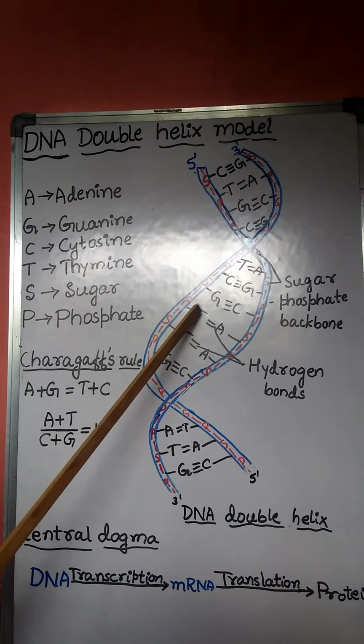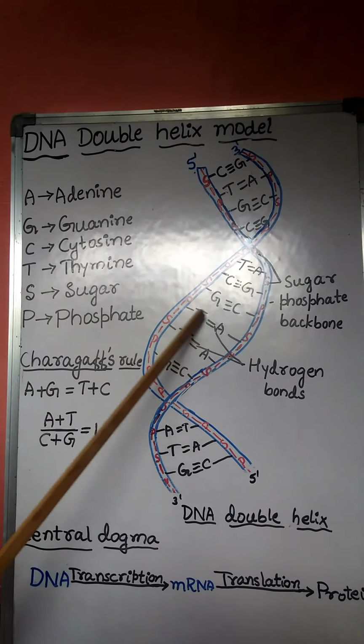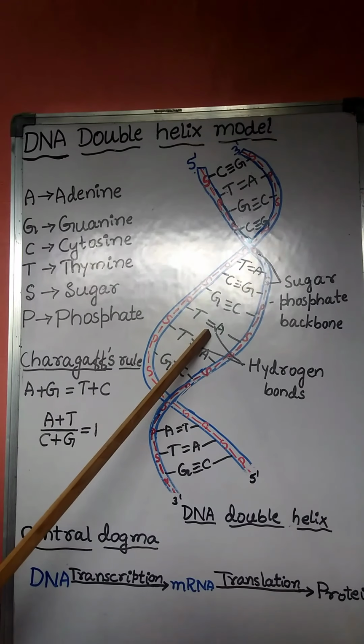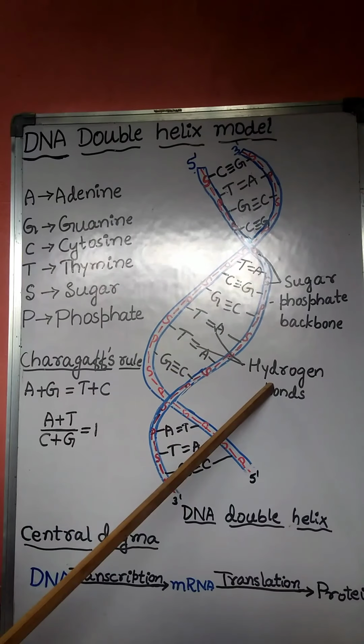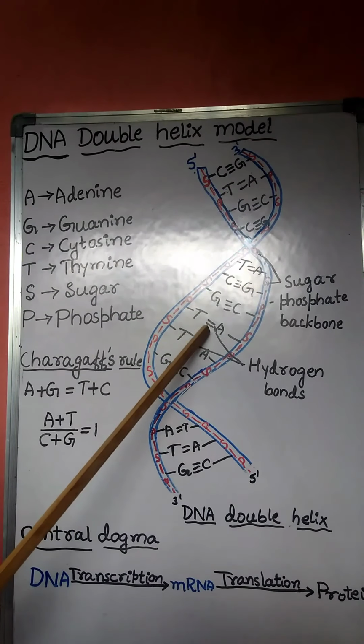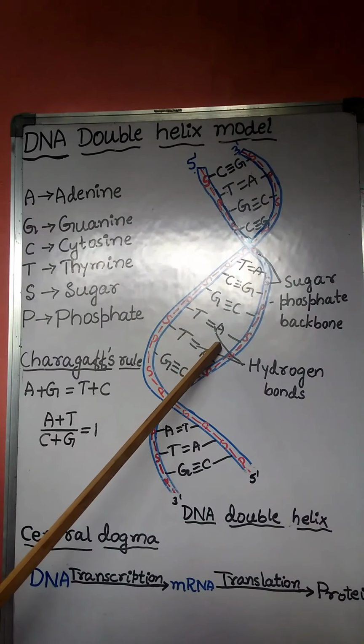Cytosine and thymine are the pyrimidines, adenine and guanine are the purines. Between these pyrimidines and purines, we can see the hydrogen bonds. With the help of these hydrogen bonds, the two polynucleotide strands of DNA are held together.